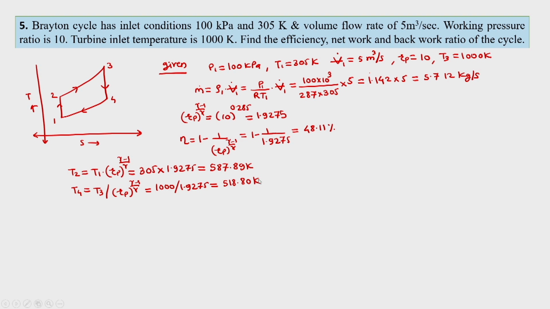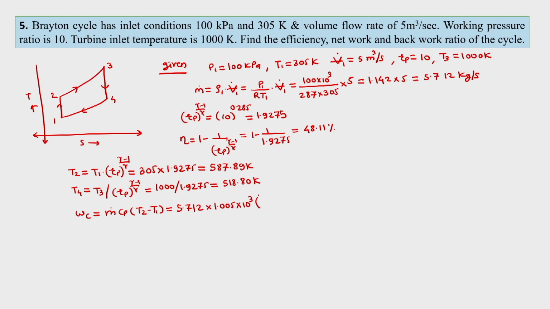So for us, compressor work is m dot Cp into T2 minus T1. So m dot is 5.712 and Cp is 1.005 kilojoule per kg Kelvin, so it is 1.005 into 10 to the power 3 joule per kg Kelvin.